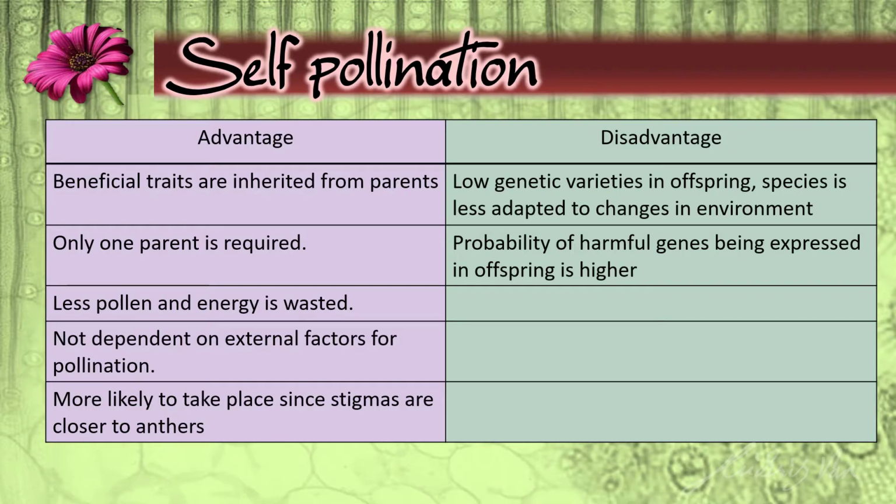For cross-pollination, those disadvantages are most likely minor compared to the major disadvantage of low genetic variation. Because for species that have low genetic variation, it's very difficult for them to adapt to changes in the environment. So when there's an environment change, most of them will die.